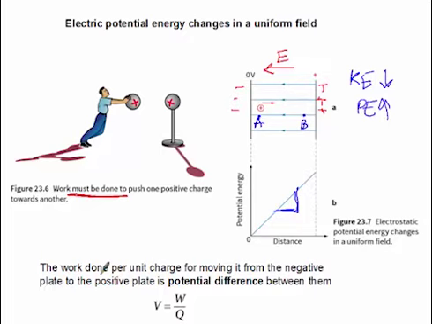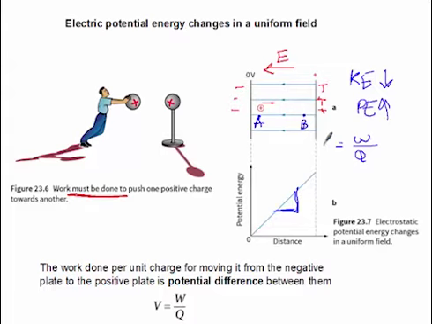So now the work done per unit charge, the work done to take the charge, for example Q, from point A to point B is the potential difference between these points.